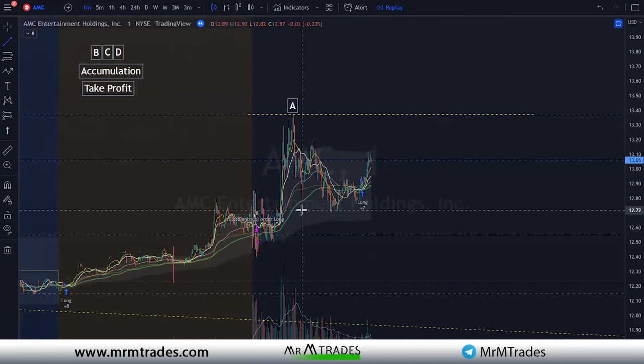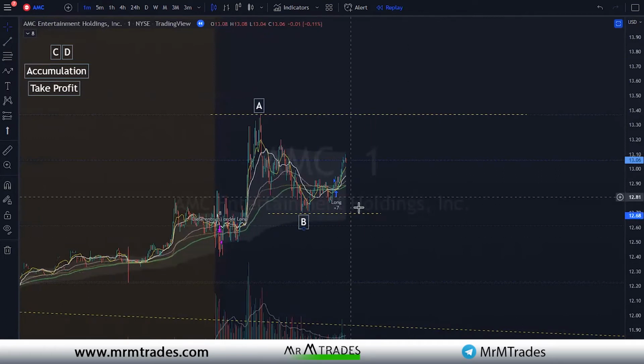That's going to be your B point in the formation of the ABCD pattern.